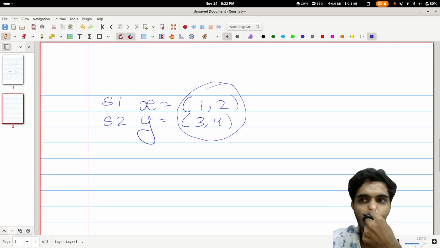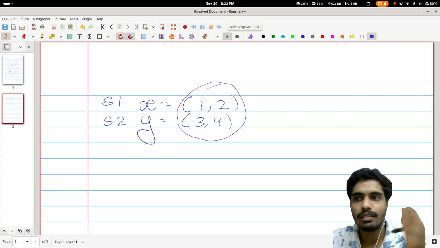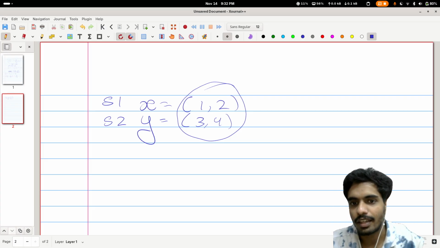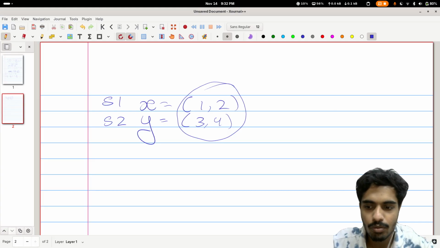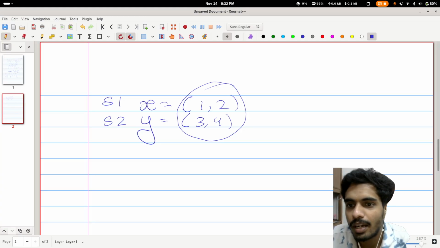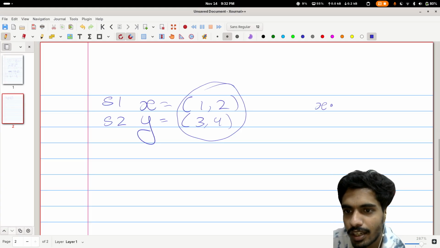Cosine similarity is basically how much angle, cosine angle, they have between them. If it's a very low value, cos value very low, then they are very similar. If it is very high, then it's not similar. So basically, we take x dot y as a dot product and the norm of x and y.